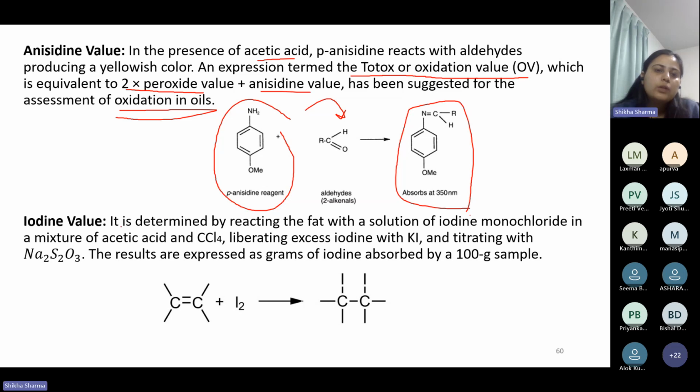Then the iodine value is determined by reacting the fats with a solution of iodine monochloride. Basically it tells the amount of unsaturation.